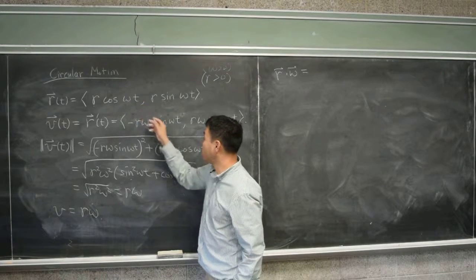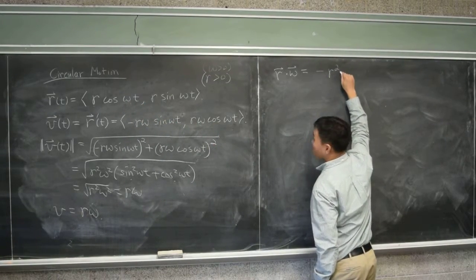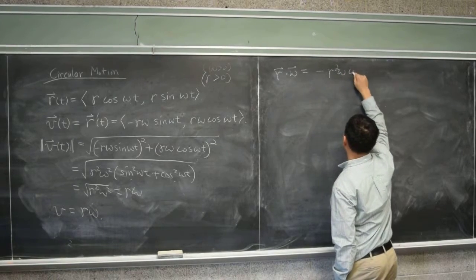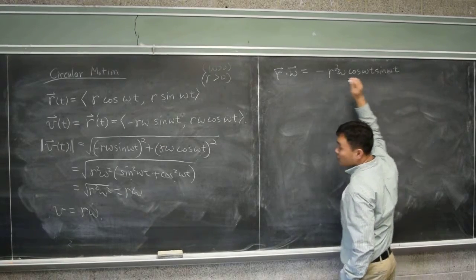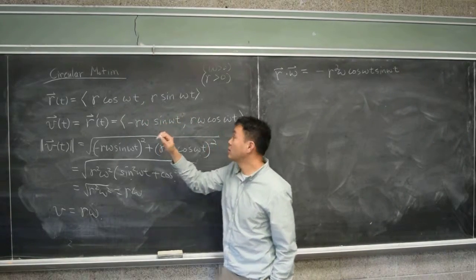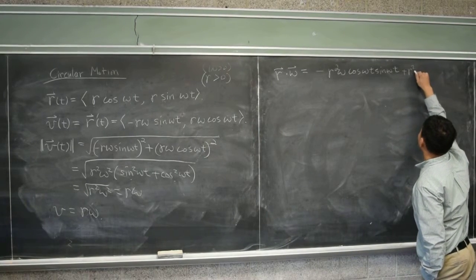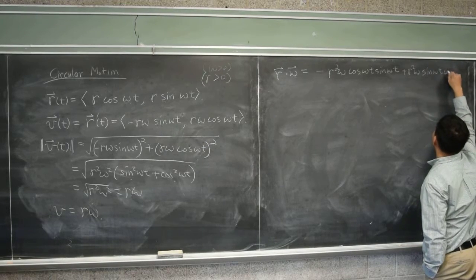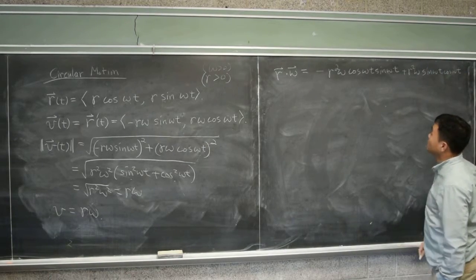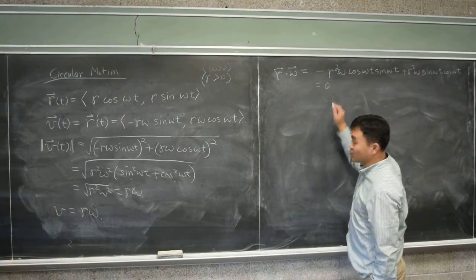So if I multiply these two, you get negative r times r is r squared, and you get omega, and you get cosine omega t and sine omega t. If I multiply these two, it's positive r squared omega times sine omega t and cosine omega t. Aren't they the same, right? So you get 0.